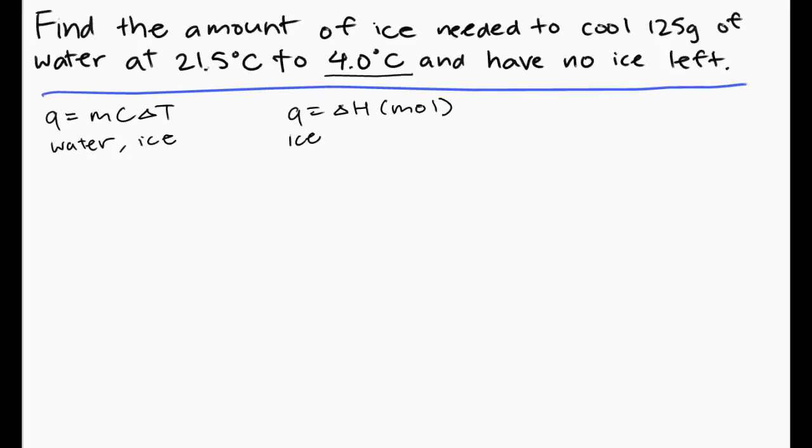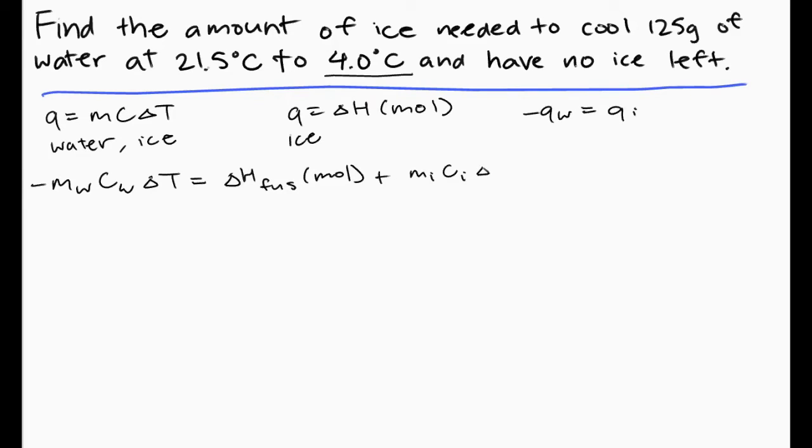And we know that the heat that the water loses is equal to the heat that the ice gains. So here we can have the mcΔT of the water is equal to the heat of fusion times the moles of the ice and the mcΔT of the ice to get to 4 degrees after it melts.